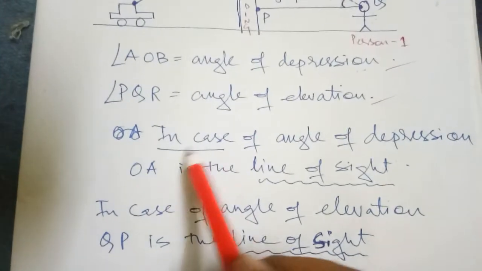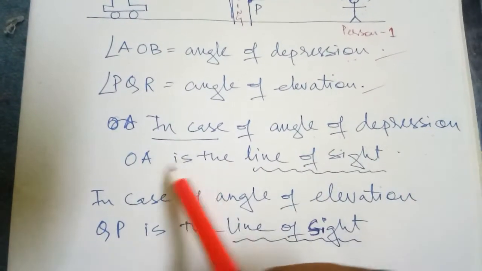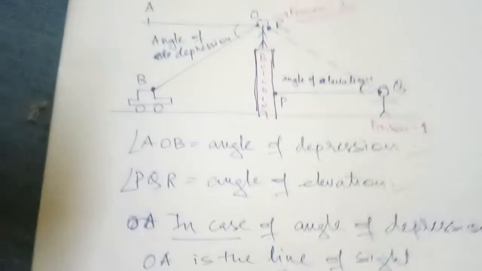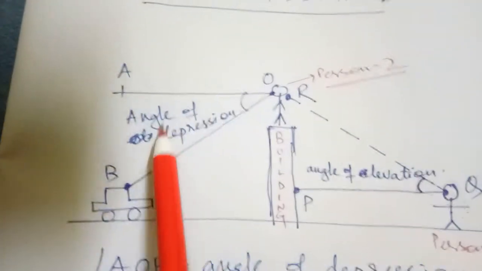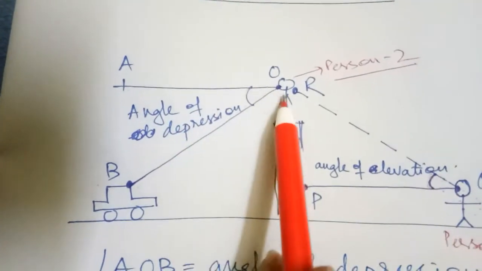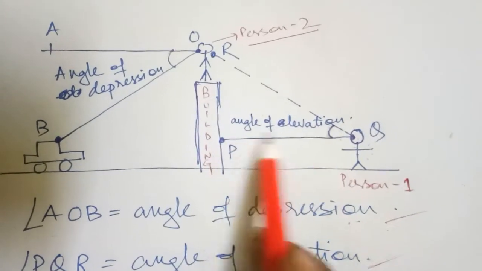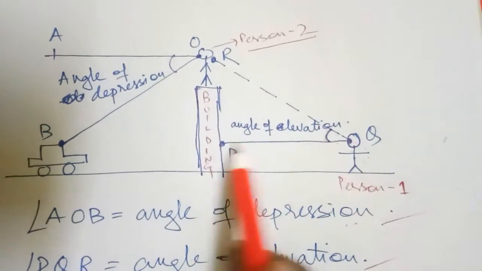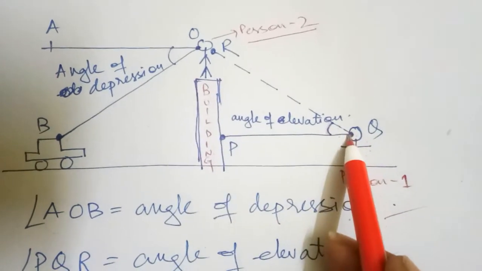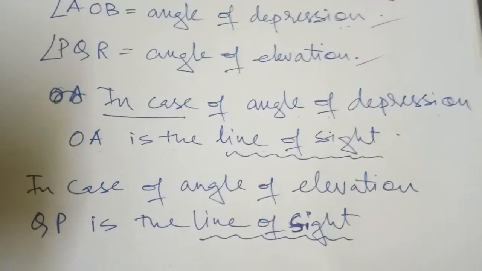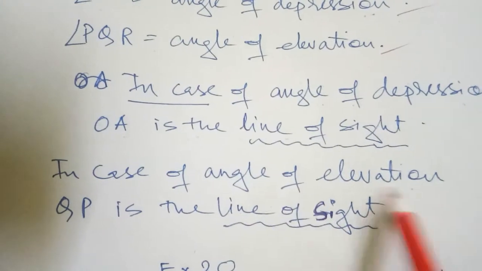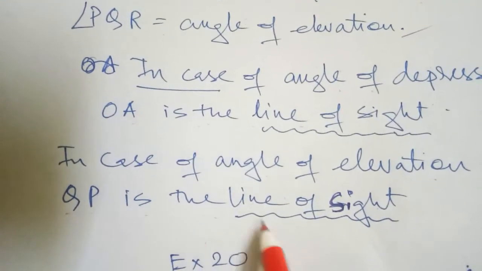Now, in case of angle of depression, OA is the line of sight, and in case of elevation, PQ is the line of sight. Same thing I've done here also. In case of angle of elevation, QP or PQ is the line of sight.